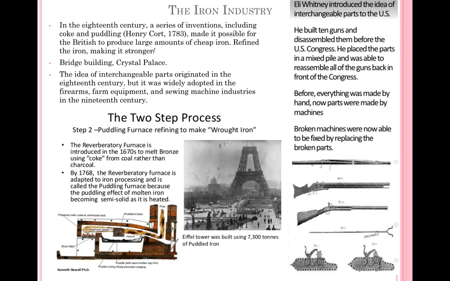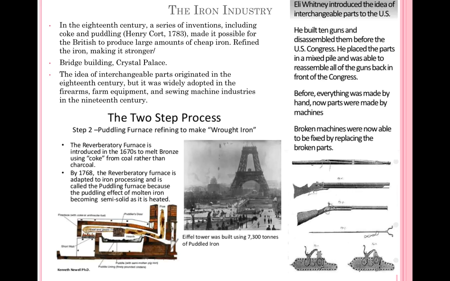In the 18th century, a series of inventions, including coke and puddling, made it possible for the British to produce large amounts of cheap iron. Increased production and lower cost led people to use iron for numerous applications, including bridge building and the construction of the Crystal Palace. The idea of interchangeable parts originated in the 18th century, but it was widely adopted for the firearms, farm equipment, and sewing machine industries in the 19th century.